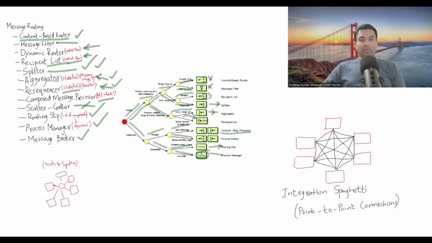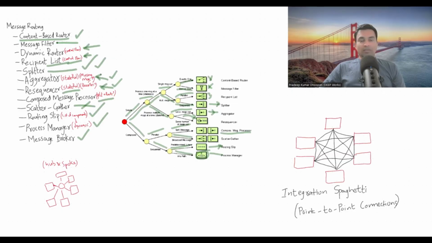Then again, you have to send or route the individual messages to different downstream consumers, so you have to use a content-based router. And if you have to aggregate them again, you have to use an aggregator. So based on the business complexity and the requirements, you may have to use two or more simple message routers, which comes under composed message processor.